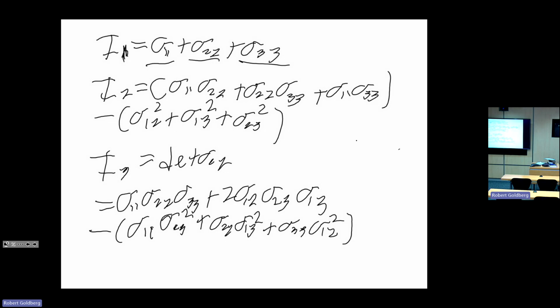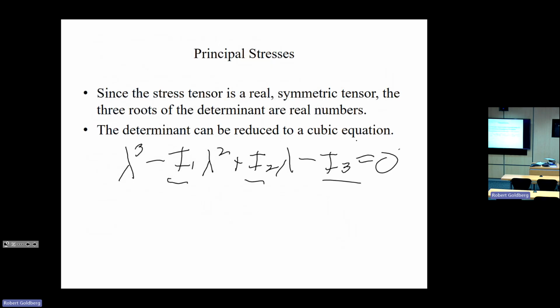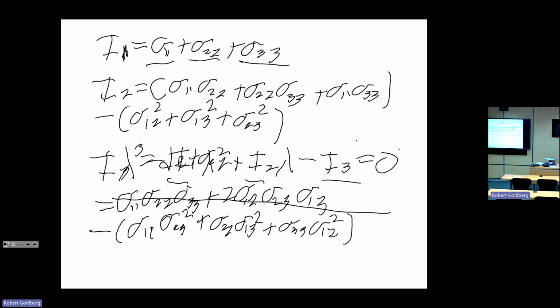So these are the values of the invariants. And like I said, no matter how you change your coordinate axes for a particular stress tensor, I1, I2, and I3 will remain constant. So you compute these values, substitute them into this cubic equation, and solve for lambda.